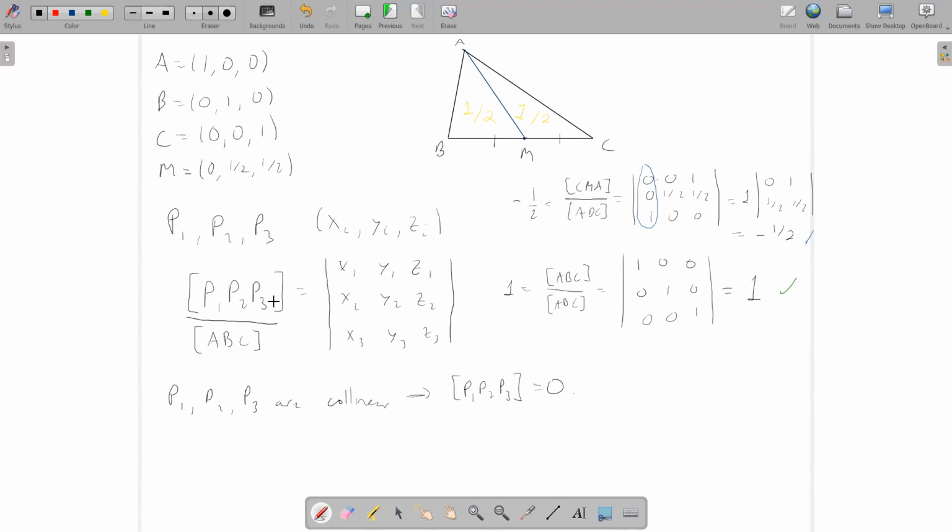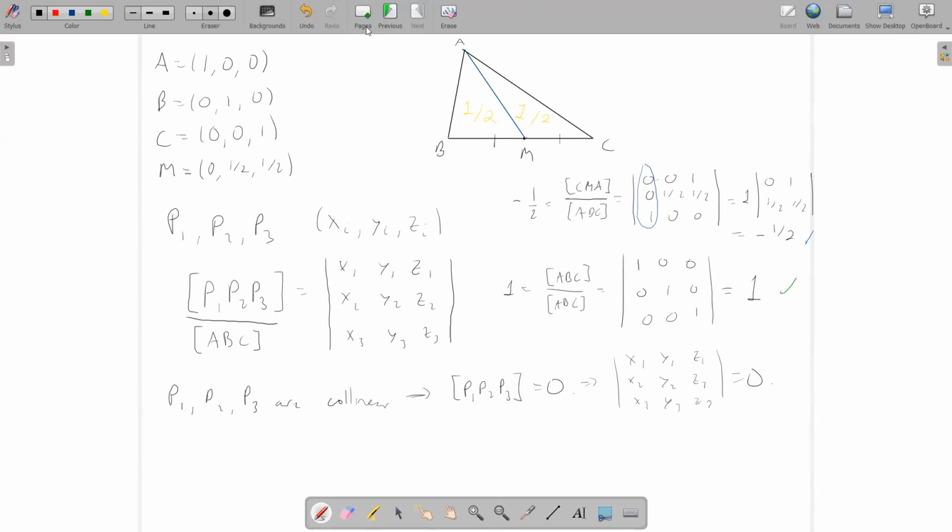Hence, when we use this area formula, you'll know that this determinant x1, y1, z1, x2, y2, z2, x3, y3, z3 will equal 0.